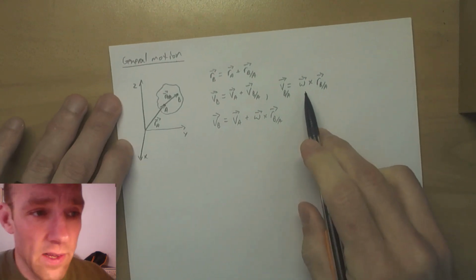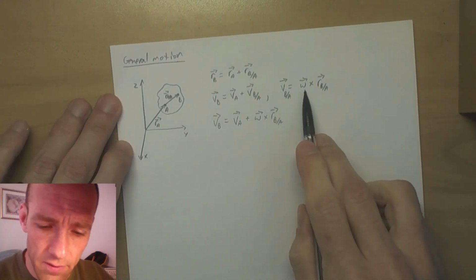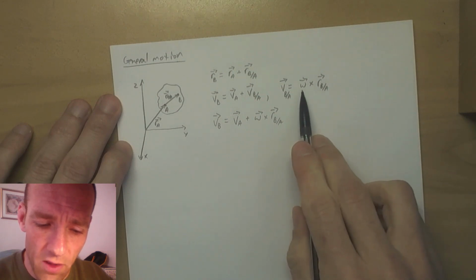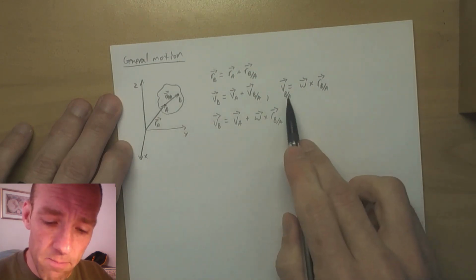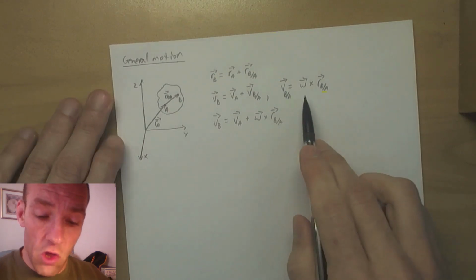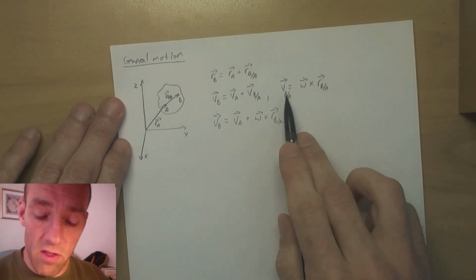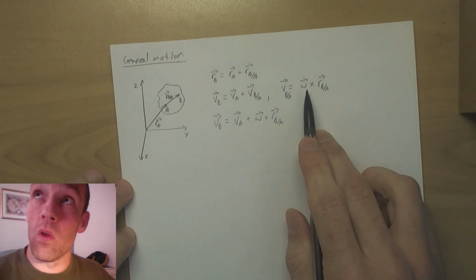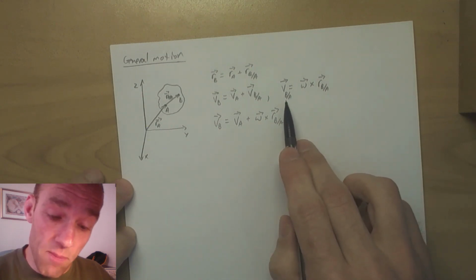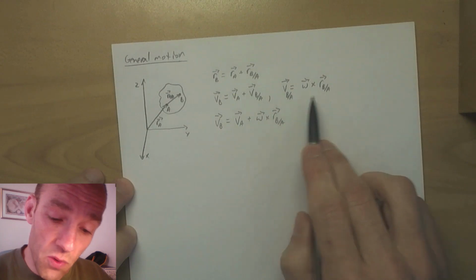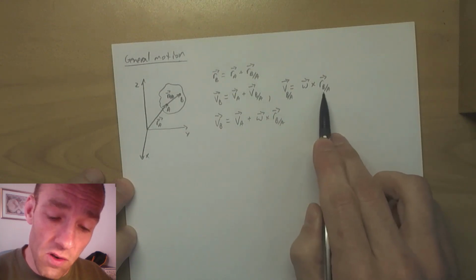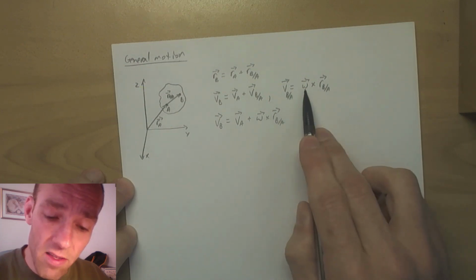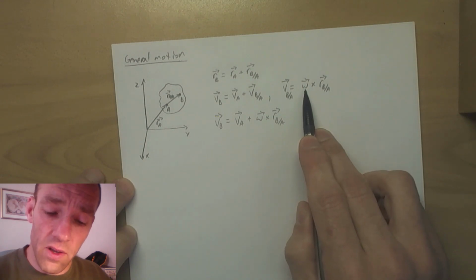Now, I haven't really proven this to you, but this was in the video where we had the representation of the cube. This is just the fact that the velocity of point B is perpendicular to both the position of point B relative to A, and it's perpendicular to the angular velocity.